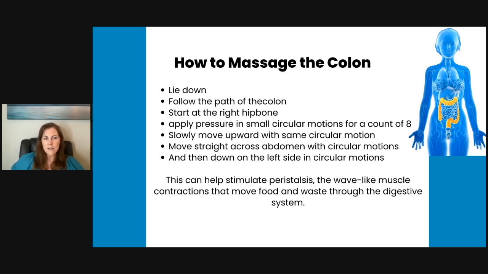So 1, 2, 3, 4, 5, 6, 7, 8. And then you basically move straight upwards and do it again. And then you move upwards until you want to still be under your ribs, do it again. And then you start to move all the way across and then down, doing that same circular motion.